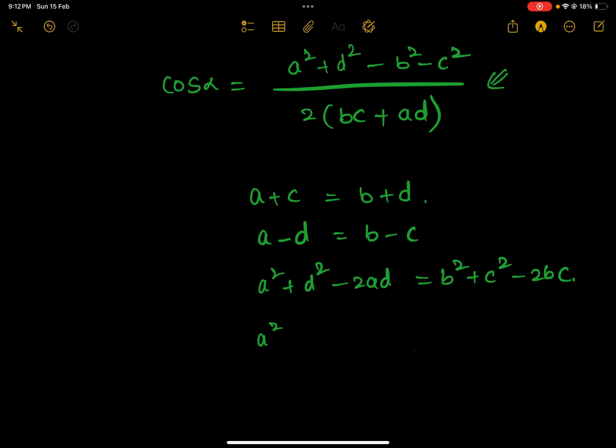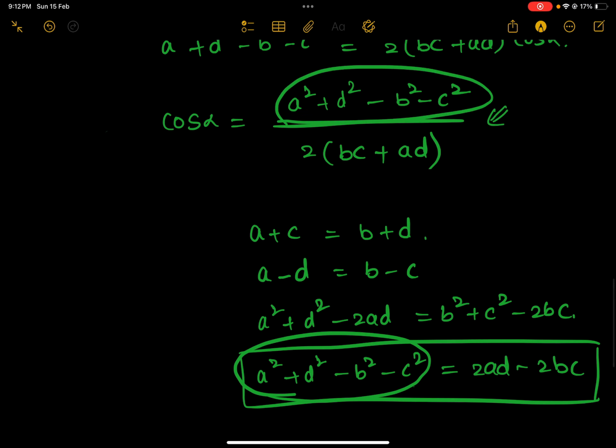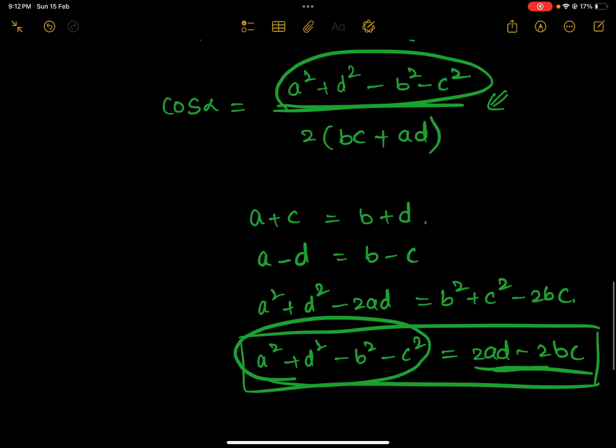Now you get the terms A square plus D square minus B square minus C square is equals to 2AD minus 2BC. See how beautiful this is. So we have generated this particular thing which sits here in the numerator as this. Okay. So now your cos alpha becomes really simple. It becomes 2 times of AD minus BC divided by 2 times of AD plus BC.